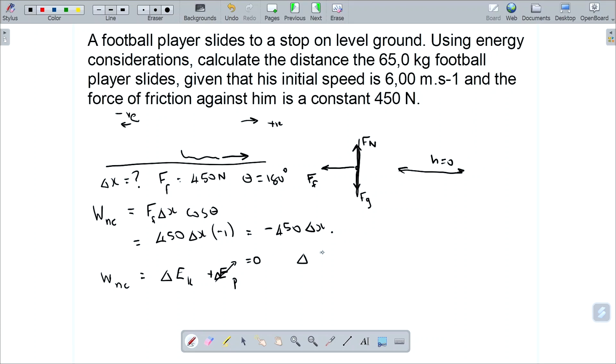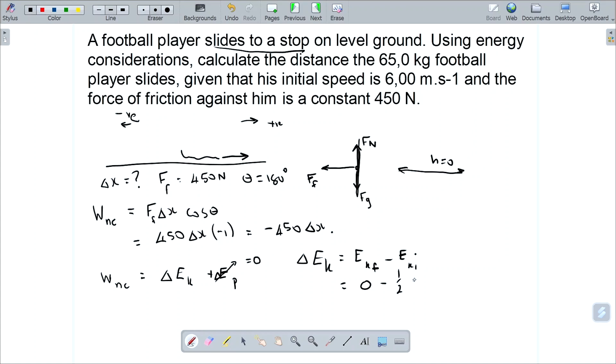Let's write this here. So the change in the kinetic energy is the final kinetic energy minus the initial kinetic energy. We know that the final kinetic energy will be 0 because the footballer slides to a stop. So at the end his velocity will be 0, and therefore his kinetic energy is going to be 0. Let's calculate his initial kinetic energy.